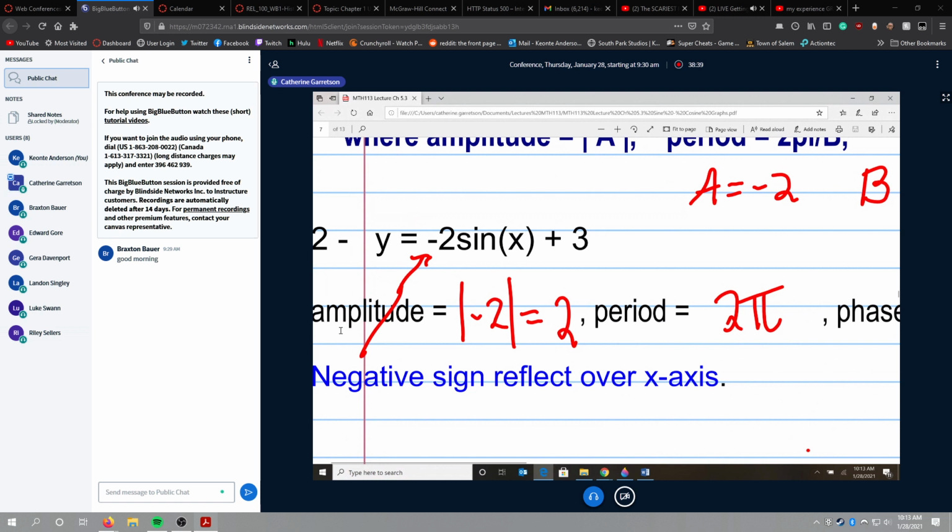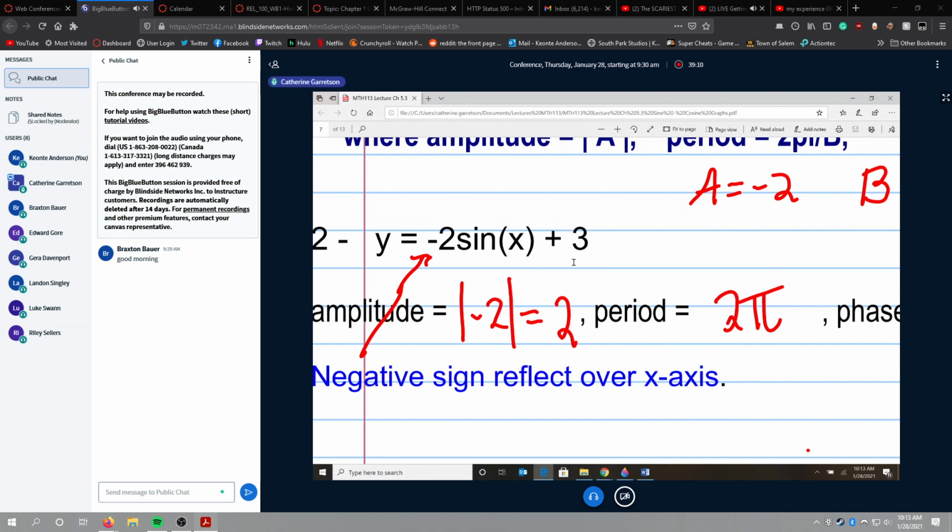And then on the next line down, on y sub 2, they'll put the new one up there so they can compare how the new graph looks compared to the original base graph. Did it move it up or down? Did it change the period? Did it increase or decrease the amplitude? Did it do any kind of reflection?